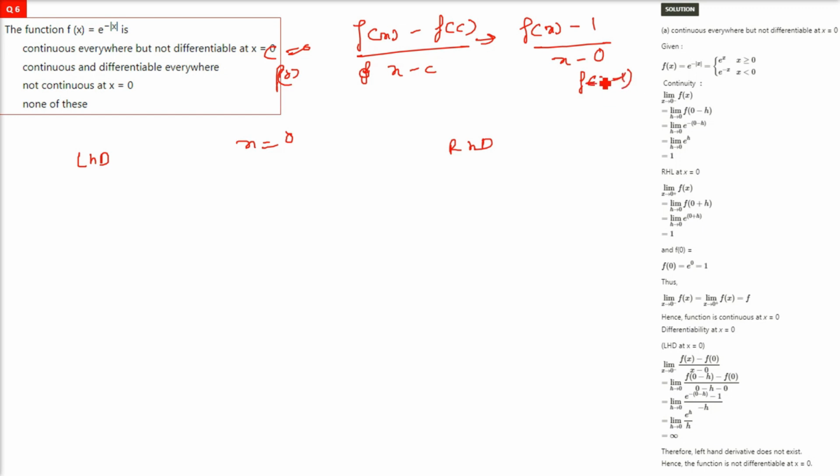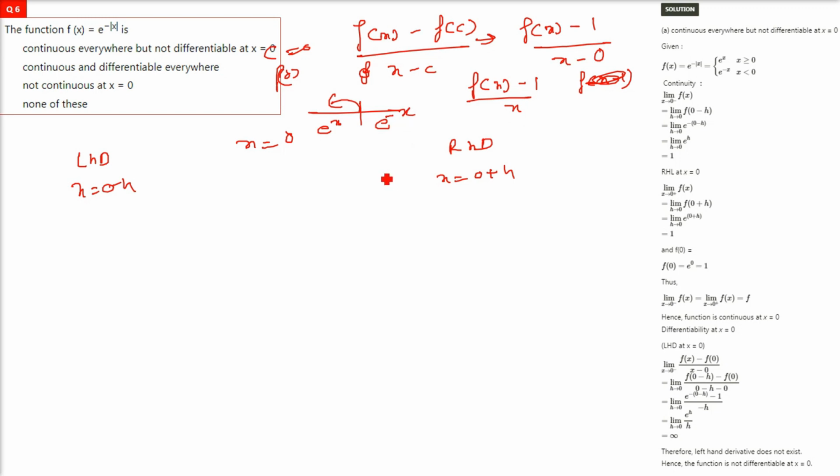The final form is this, that we can always use on the LHD and RHD. So x as 0 minus h you can put on the left, x as 0 plus h you can put on the right. So the function on the left, when x is less than 0, is e to the power x. As I told you in the beginning, the function is e raised to x on the left, and on the right it is e raised to the power minus x.